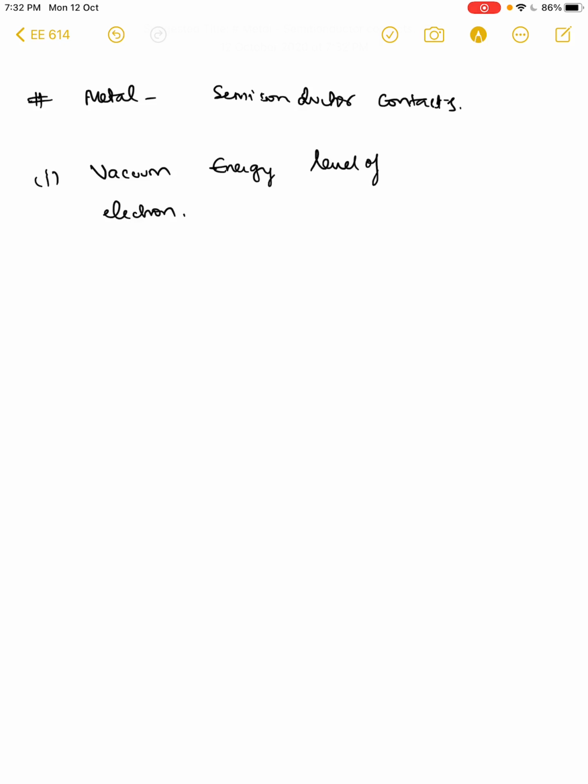So basically this is the energy level of an electron which is not in an atom, an electron not inside an atom, and this is the highest energy level in the entire system that we are going to discuss. It is a reference and the highest energy level.